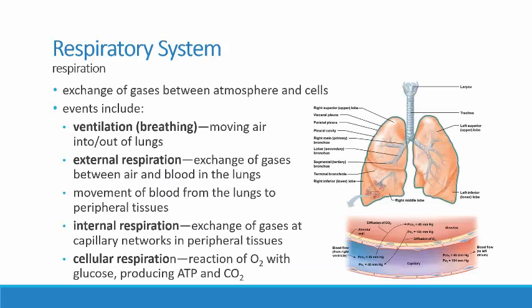So respiration is the exchange of gas, and by gases I'm talking here about CO2 and oxygen, the two major gases that are needed. Oxygen is needed to make ATP, and then the waste gas material from ATP production. It's the exchange of these gases between the atmosphere and the cells.